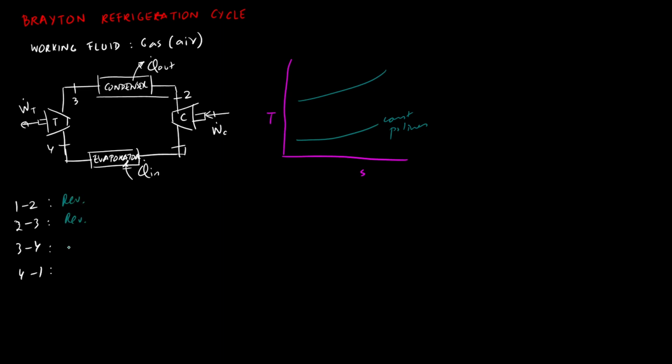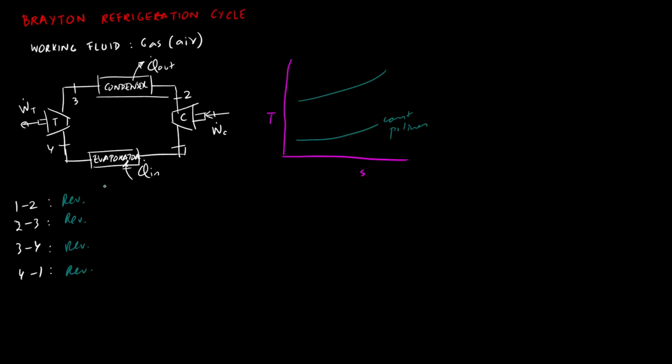All 4 of these are reversible processes, and because process 1 to 2 is an isentropic process, that means that no heat addition is taking place as well, and I can just write it as a reversible adiabatic compression because the gas is being compressed within the compressor.